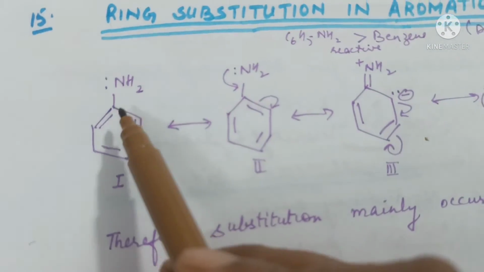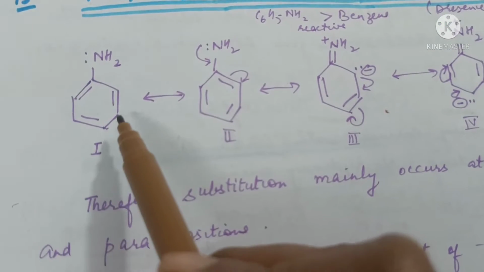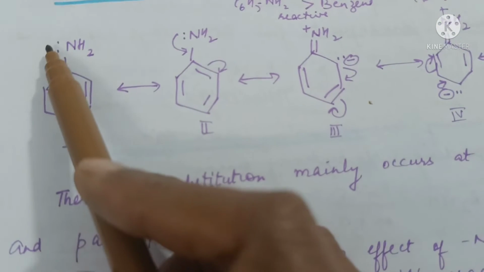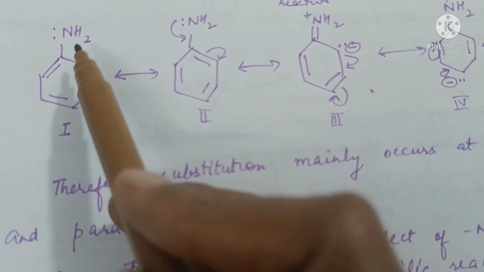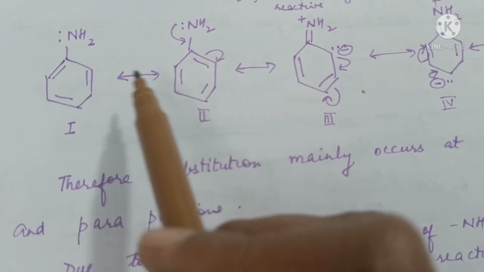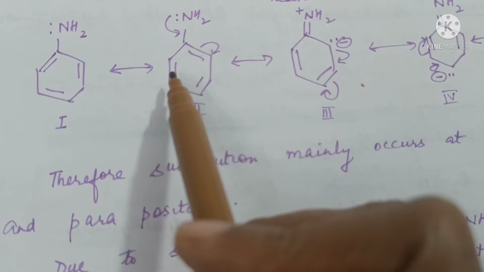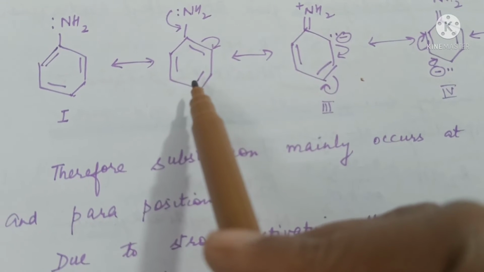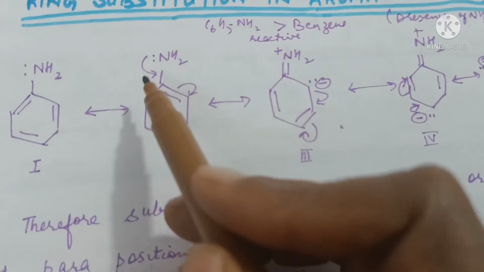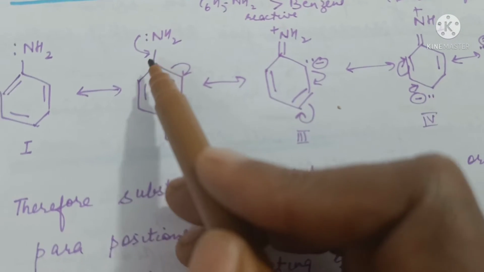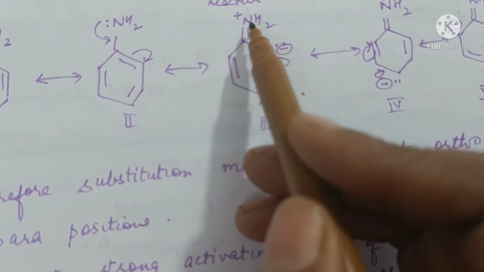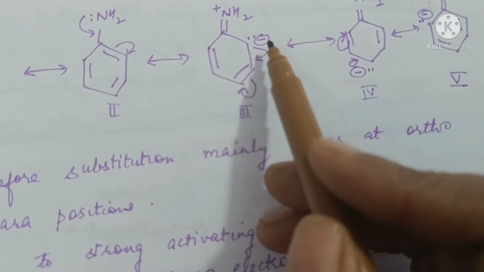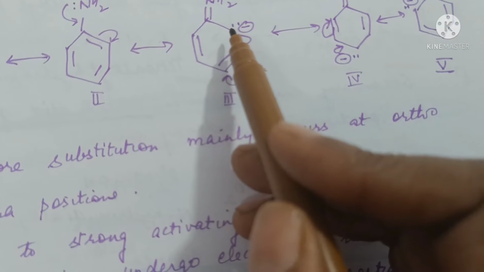So the first structure is benzene with 3 double bonds and a lone pair of electrons on the nitrogen atom of the amino group. The second structure will be where benzene has double bonds in alternate positions. The third structure can be constructed: these electrons move here and these here to form a double bond here, with a positive charge on nitrogen and a negative charge on the ortho position.